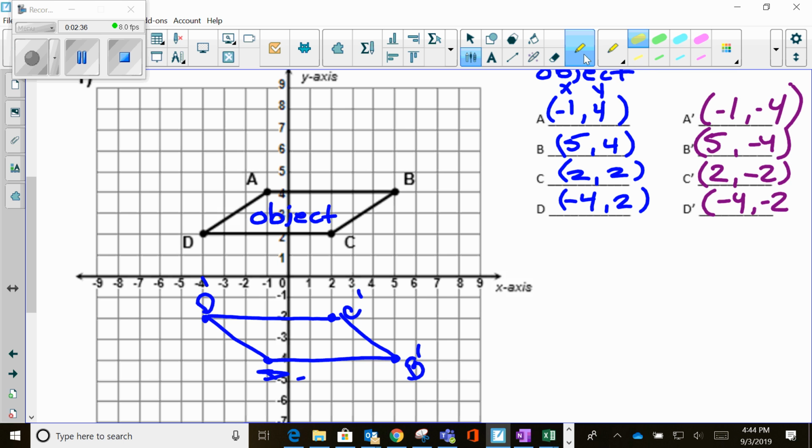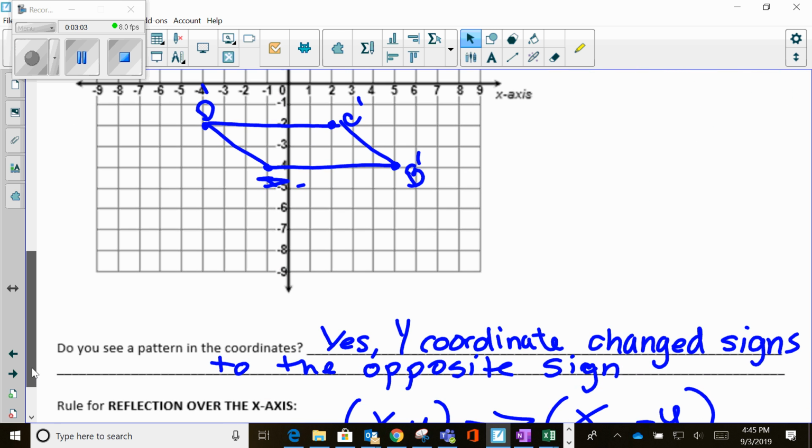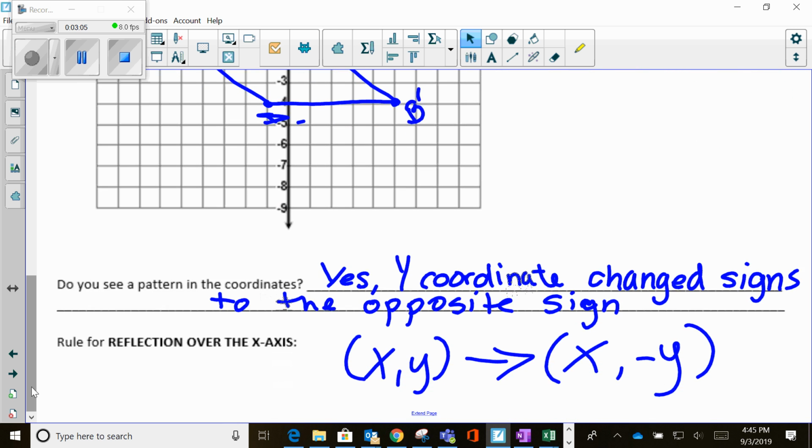Now, what we notice here is we are looking at our points and comparing. How are they similar and how are they different? Well, what we notice is that the x-coordinate stays the same and the y-coordinate becomes opposite. So our rule or our pattern for a reflection over the x-axis is going to be, yes, there is a pattern.